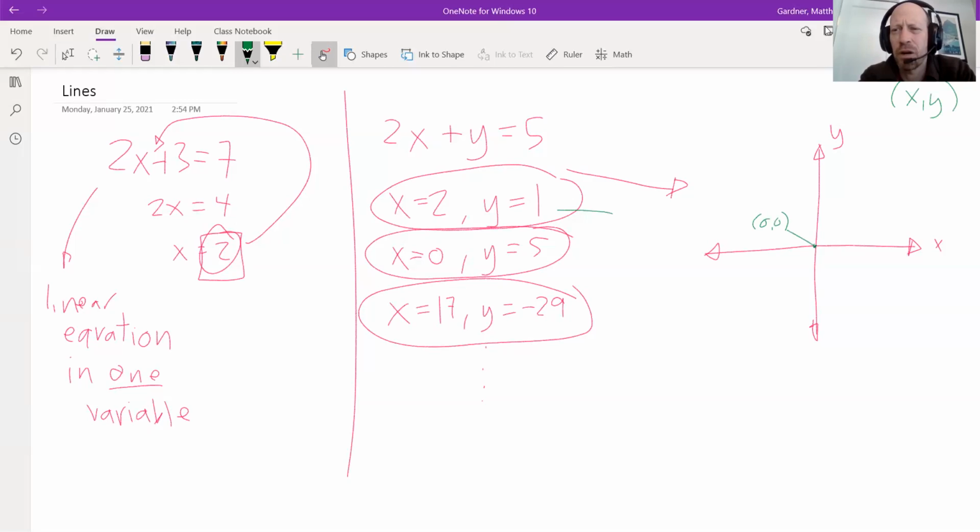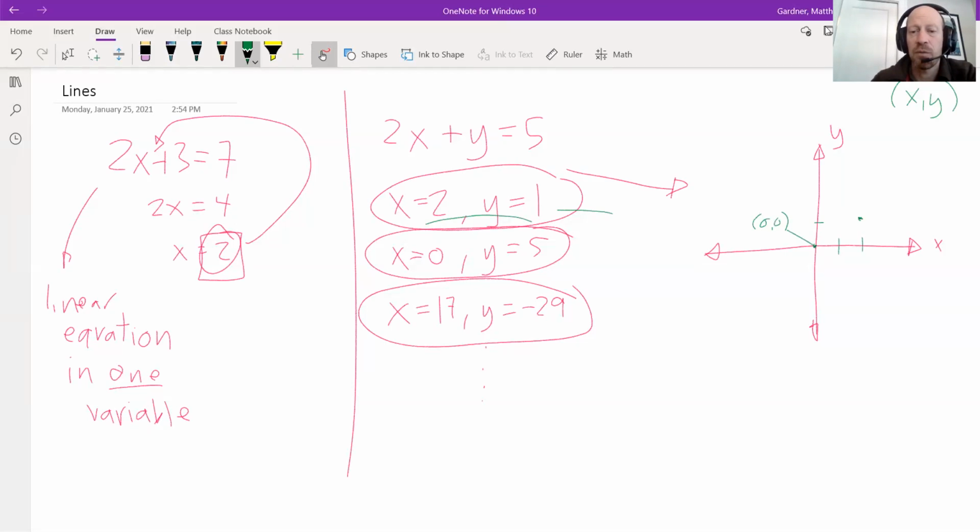That's what the ordered part is when we say ordered pairs. We just need some method of keeping them straight. So when I look at the point 2, 1, that's telling me that I should go 2 values in the x direction, 1 value in the y direction, and I can represent that ordered pair with that point.